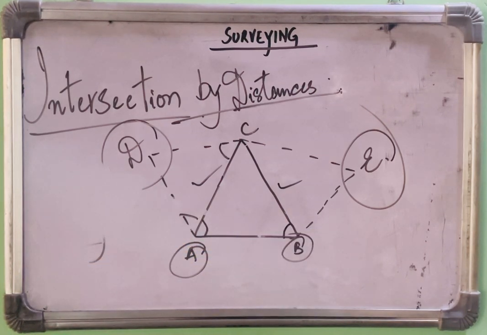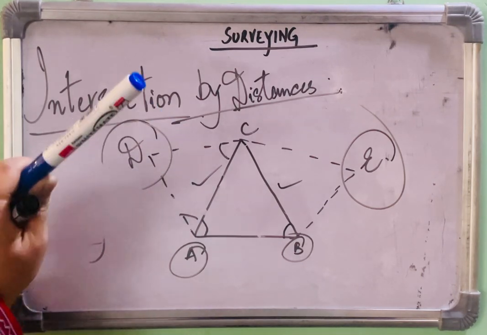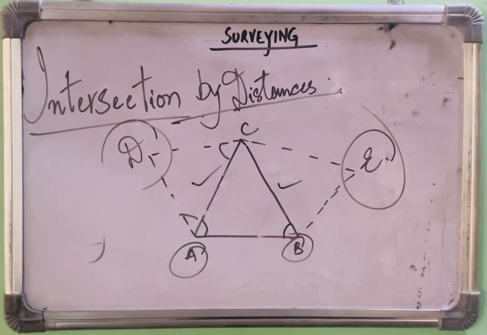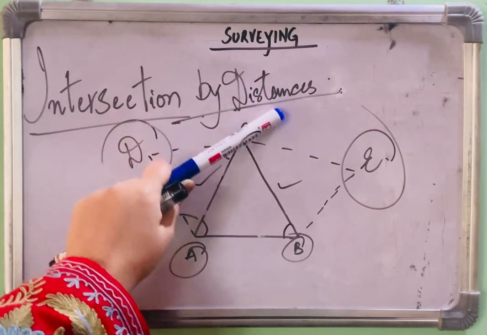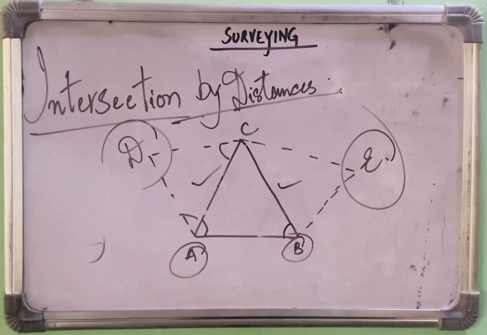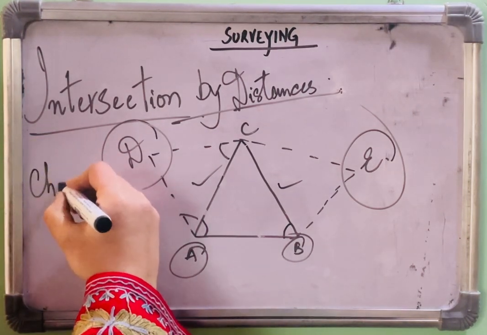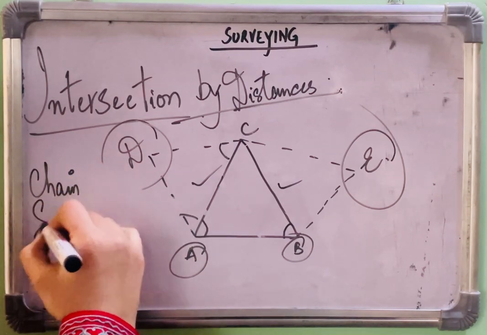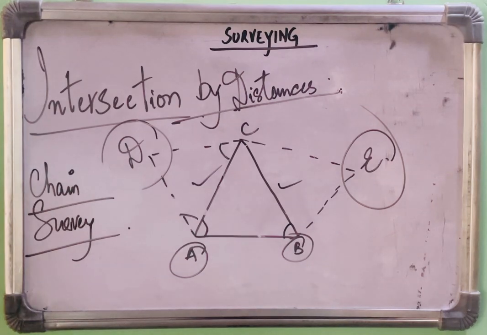So this process can be extended to the adjacent triangles ACD and BCE by measuring the distances CD, DA and CE and EB. Chain surveying is based on this method. This is known as intersection by distances, and chain survey is based on this method, intersection by distances.